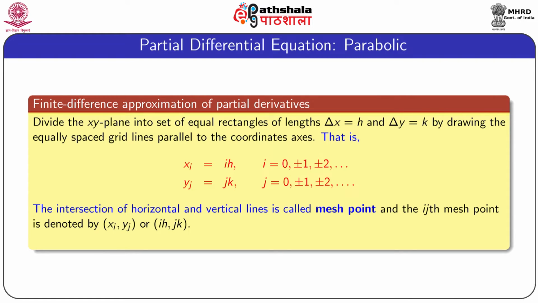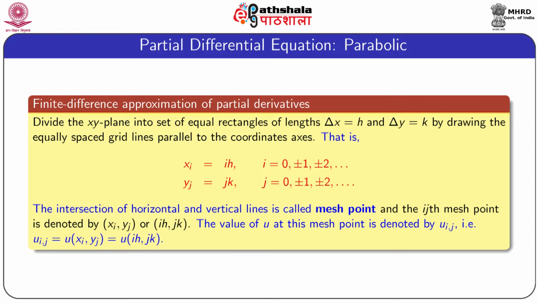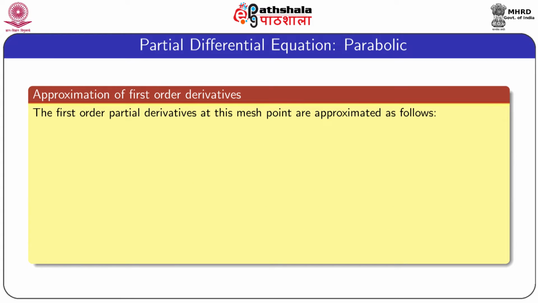That is, xi is equal to ih and yj is taken as equal to jk, where i equal to 0, plus minus 1, plus minus 2 and so on, j is equal to 0, plus minus 1, plus minus 2 and so on. In this case, x0 and y0 are taken as 0. The intersection of horizontal and vertical lines are called the mesh points, and the ijth mesh point is denoted by xi comma yj or ih comma jk or simply ij.